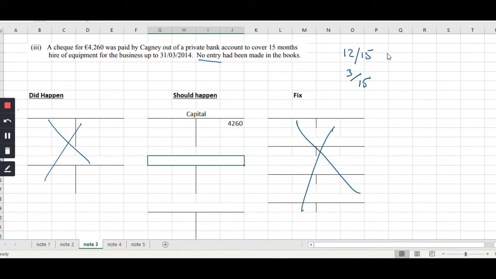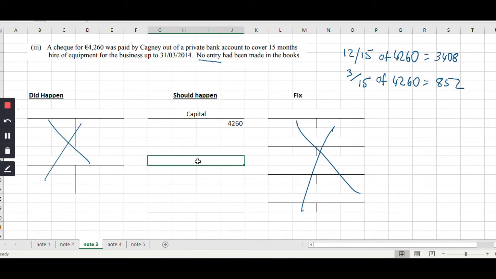So 12/15ths of 4,260 would give you 3,408, and 3/15ths of 4,260 would give you 852.